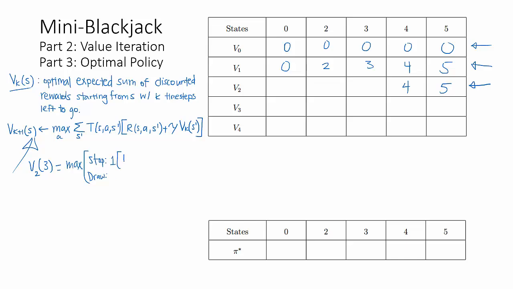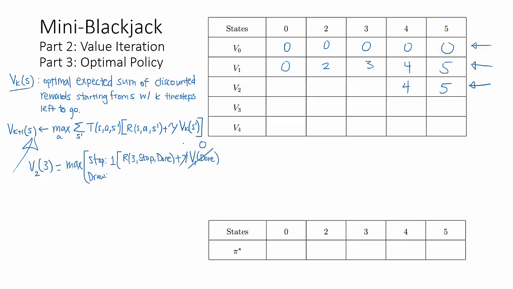Now we have to consider the reward of starting at 3, taking the action stop, and landing in the done state. And then we have to add to that the discount factor times the value with 1 time step left of the landing state, which is the done state. The value of the done state is always 0 because you can't get any rewards.